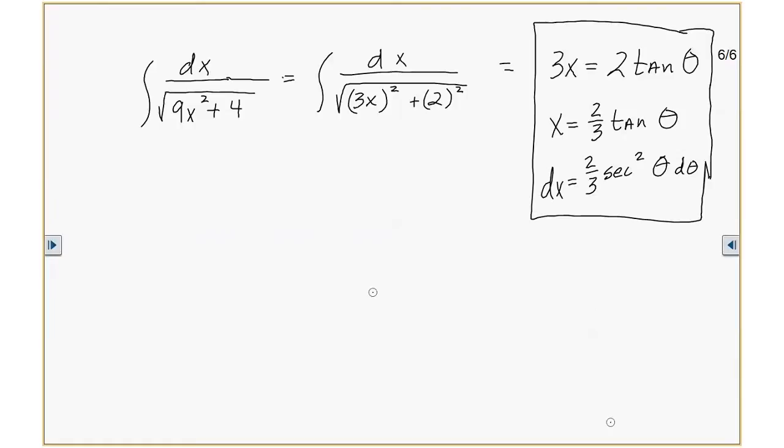You need to highlight that because that's what you're going to use in the next step, and you're going to use it to return back to x. So that's very important. So come over here and start substituting. You should be able to substitute if you haven't yet.